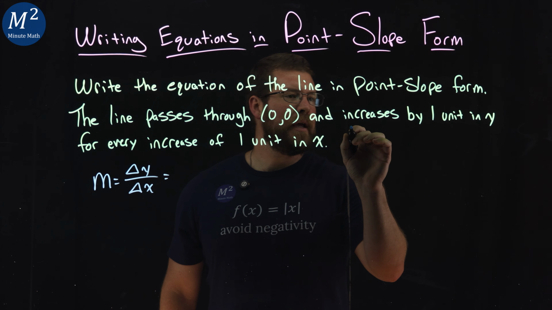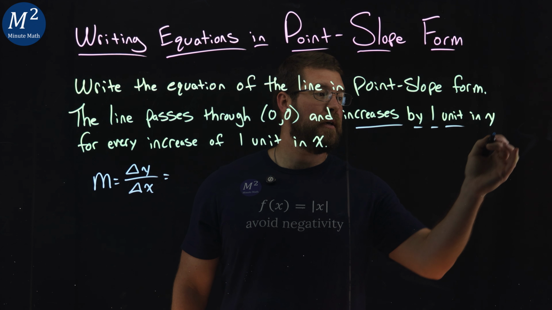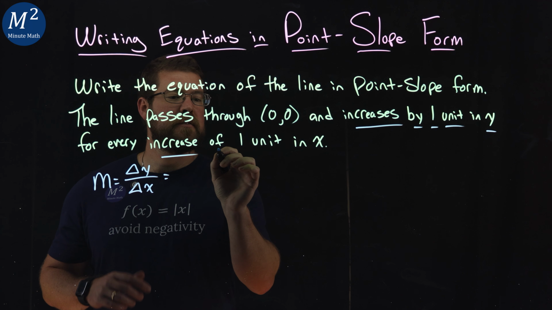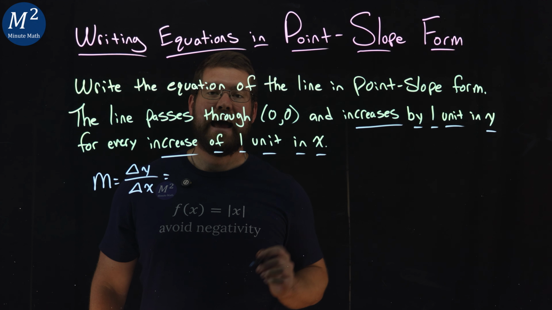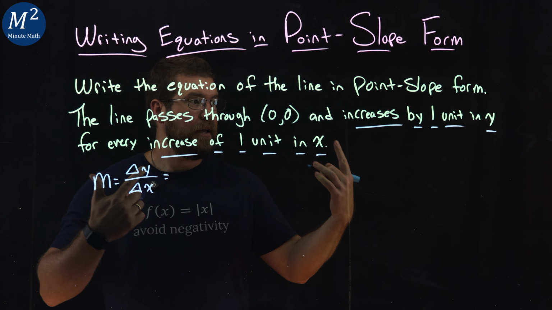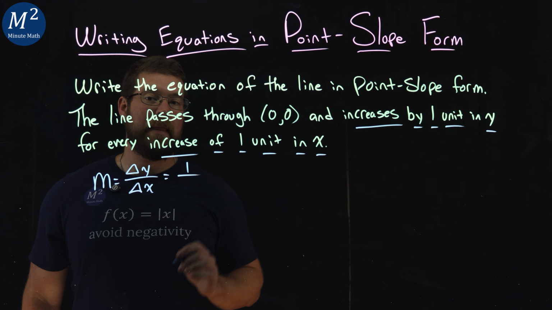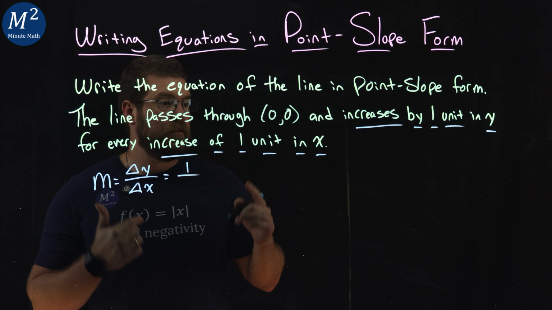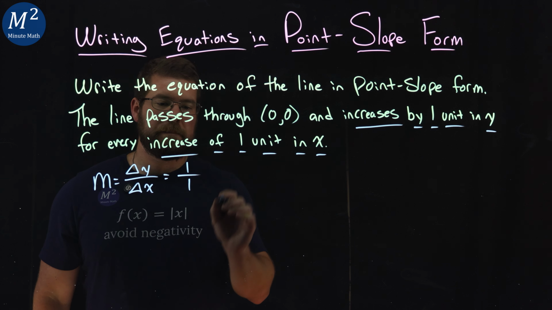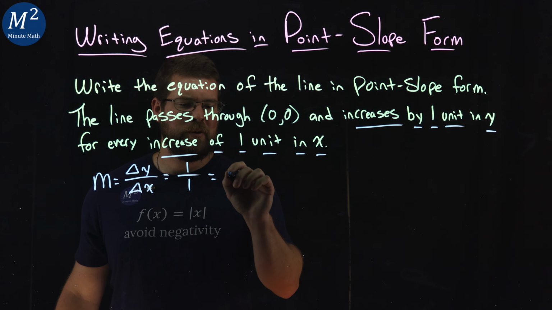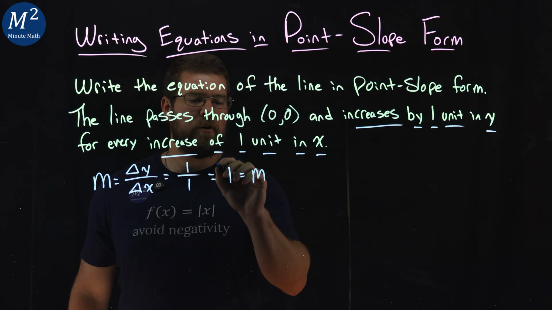And they tell us here that we're increasing by 1 unit in y for every increase of 1 unit in x. So as y increases by 1, positive 1 in that change, our x increases by 1 as well. 1 over 1 is 1, and that's our slope.